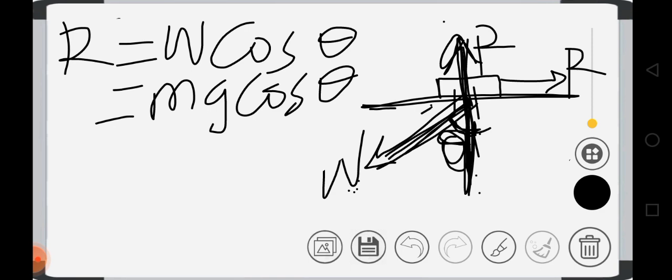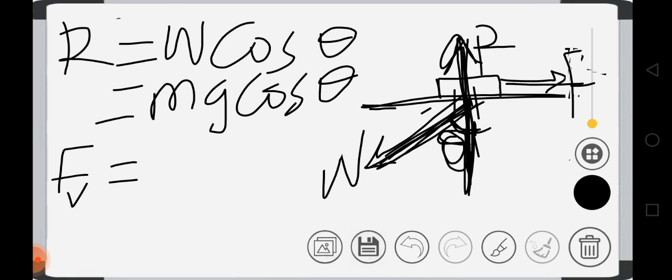Then our R is the normal reaction. This particular one is the frictional force. That frictional force will be equal to the component of W going to the horizontal side.